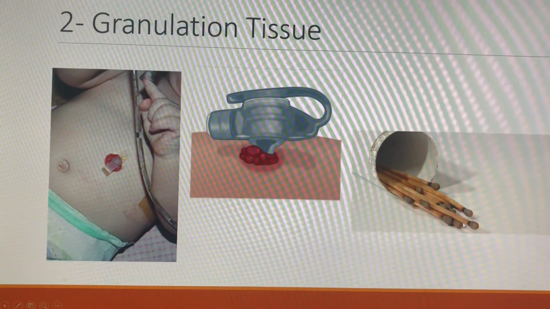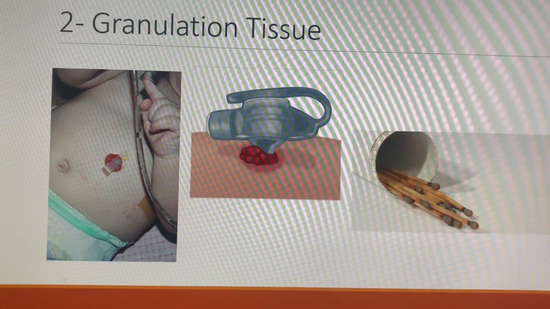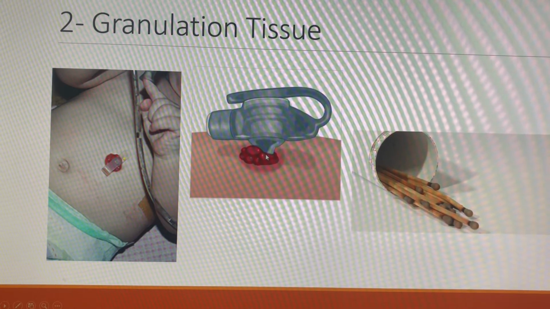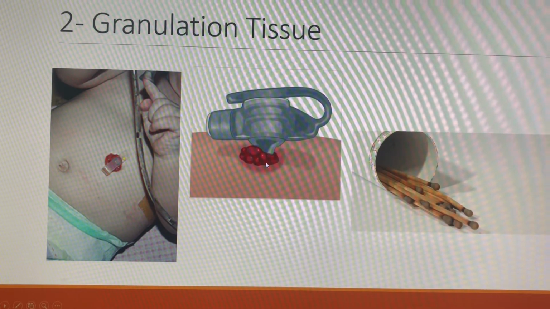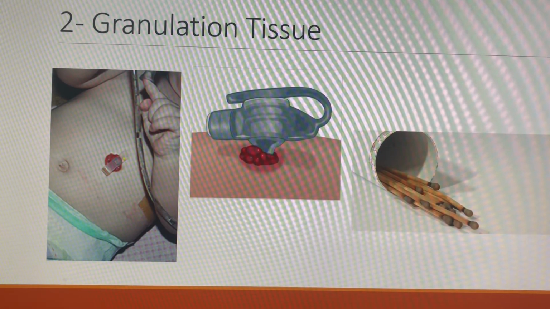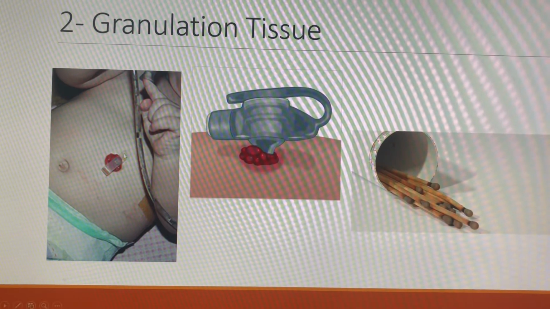The second complication is development of granulation tissue. Granulation tissue is an inflammatory tissue that grows around the gastrostomy tube as a reaction to the foreign body, which is the tube itself. Usually it's mild to moderate and requires no treatment, but sometimes it can be extensive, like this patient, and needs treatment.